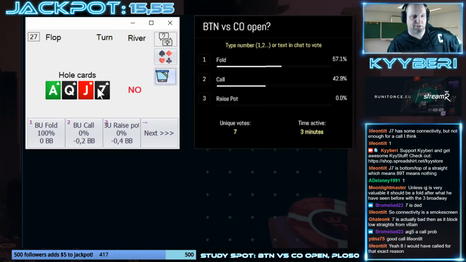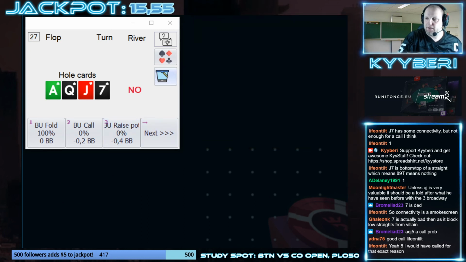But as you can see, there's a huge difference in how to play because ace queen jack 8 has a lot more connectivity. You can wrap on 10-9 and you have more straight possibilities. So you change one card to one higher or lower and it can change the whole hand.